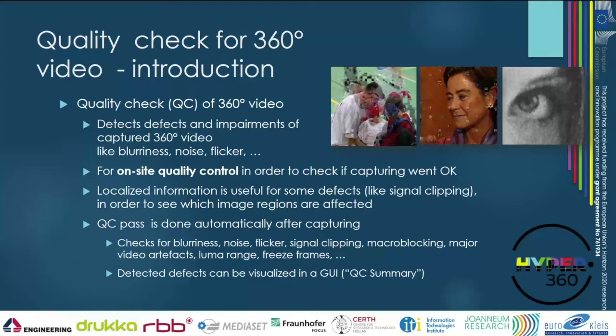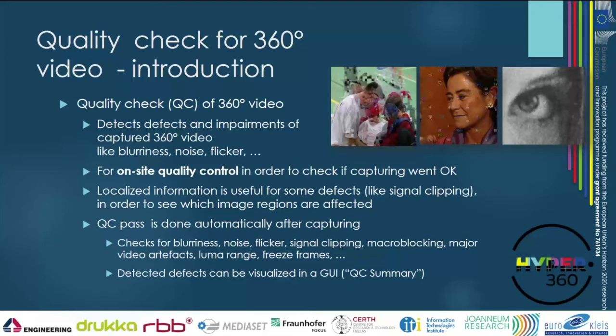And if that was not the case, for example, you have too high a noise level because lighting is not sufficient, or the camera gain is too high, then you can change the capturing situation: change camera parameters, or change the lighting.